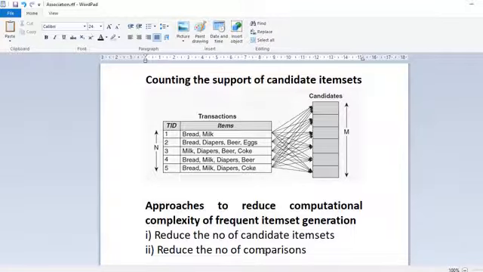Another approach is to reduce the number of comparisons. Instead of matching each candidate item set against every transaction, we can reduce the number of comparisons by using more advanced data structures, either to store the candidate item sets or to compress the data sets.